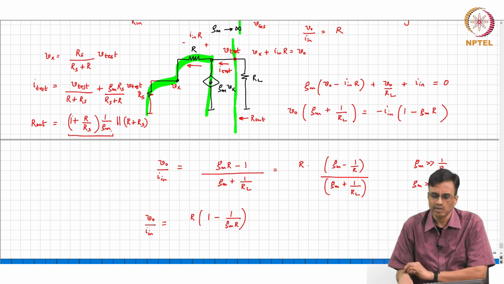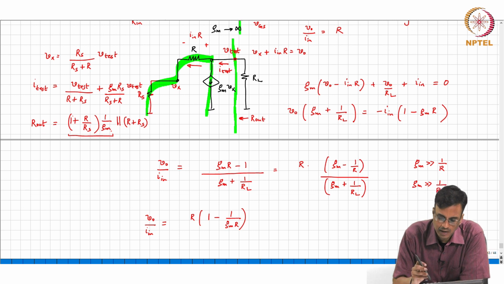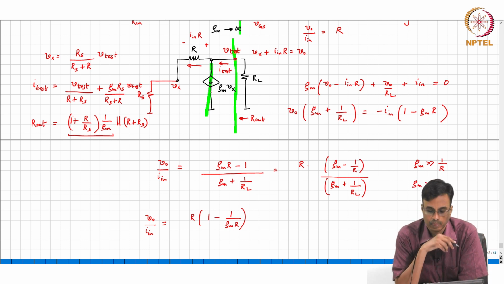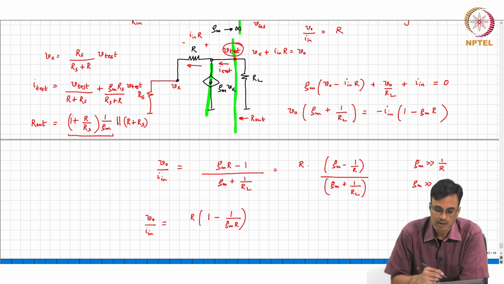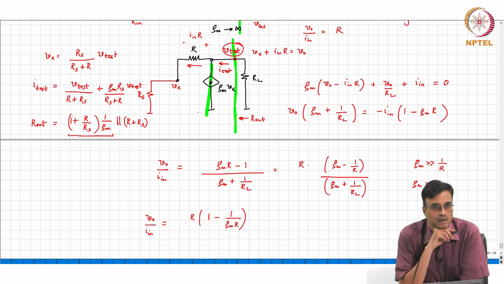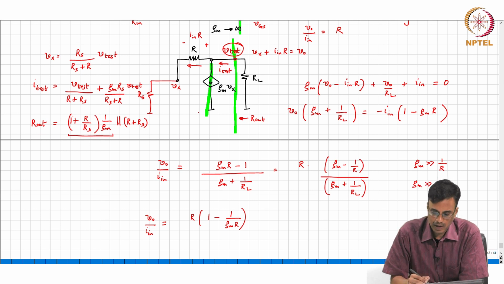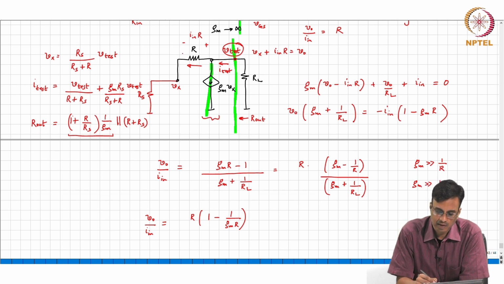So, what does that intuitively mean? What comment can you make about the current flowing through the R versus Gm? You are applying a V test here, Gm is very large. So, what comment can you make about this current versus the current flowing through R?